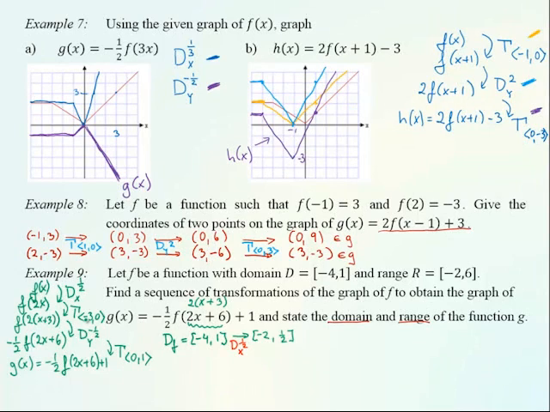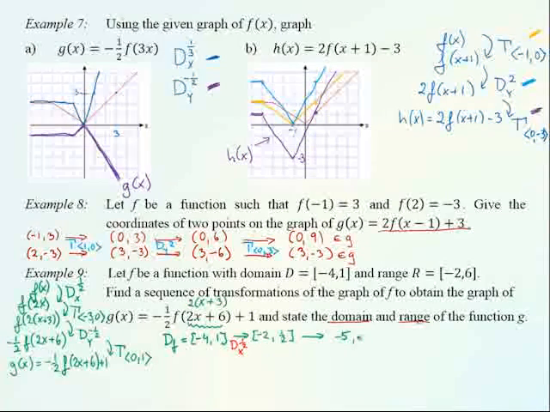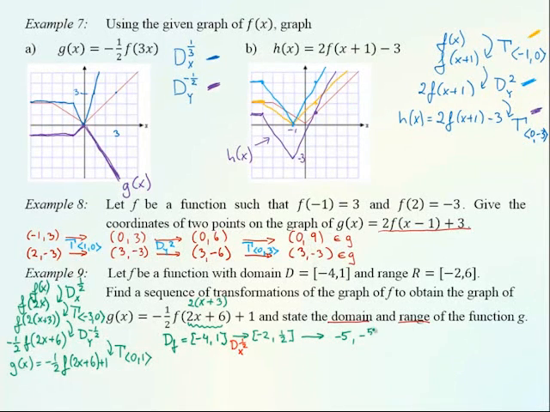Next, the translation by the vector negative 3, 0 causes every x-coordinate of the domain to be moved 3 steps down. So you really subtract 3 from the x-coordinates, so it will be negative 5. And 1/2 minus 3 is negative 2.5, or rather negative 5/2.